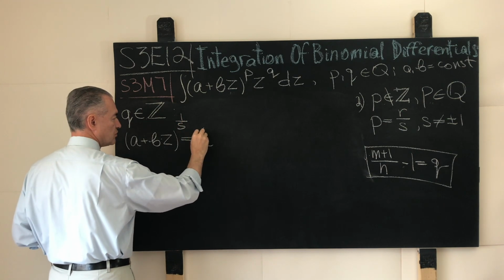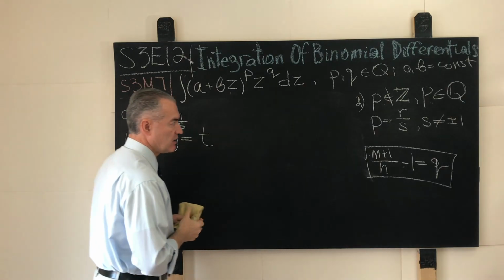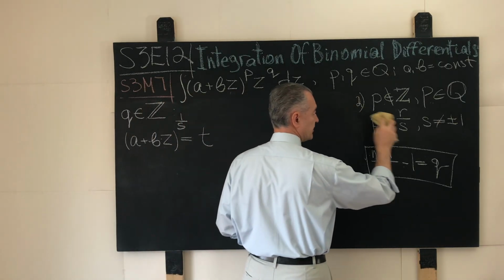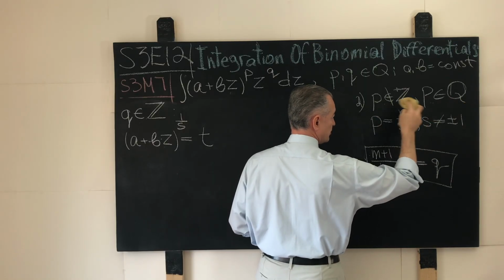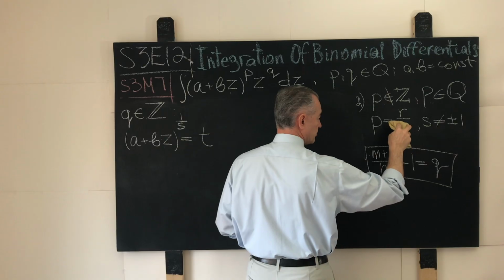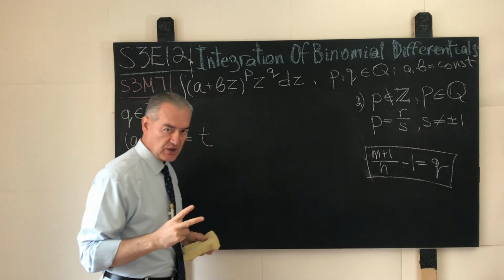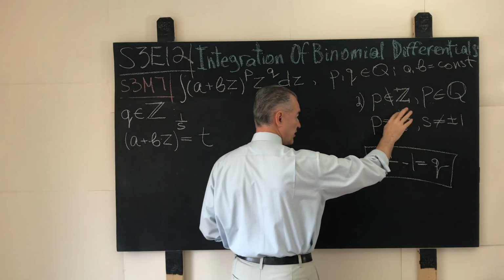is equal to t. Because remember, now we have it in our second case, when the number p is genuinely rational, it's not an integer. That means that number is representable as the ratio of two integers, r and s.